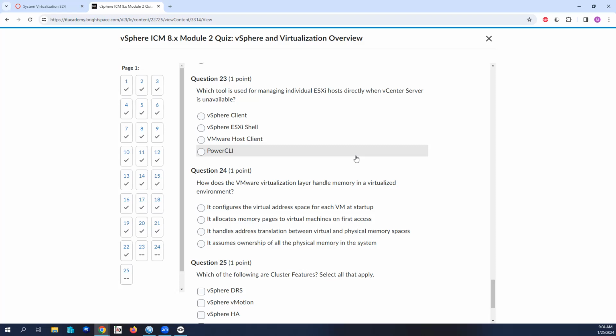So you can't really manage through the shell too much. That gives you a DOS bash shell prompt for looking at the file system. What do you think, John? We've eliminated vSphere client and ESXi shell.